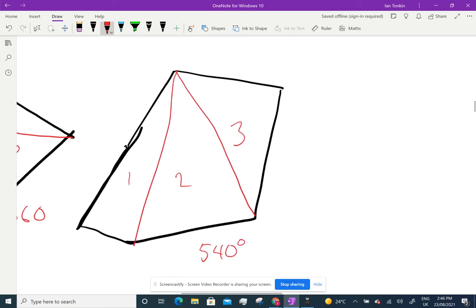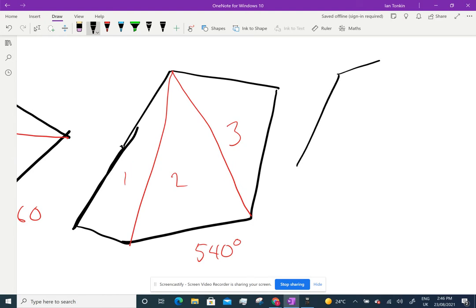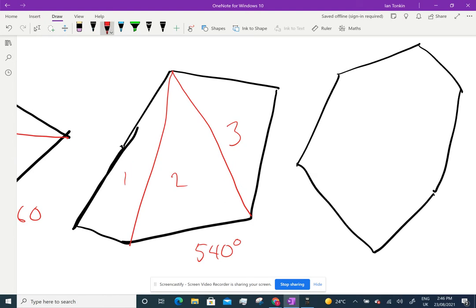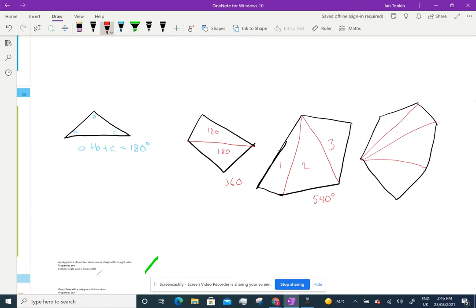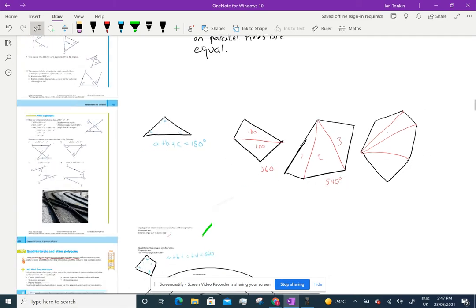And I can keep going. I can draw a hexagon. And if I bust that up, 1 triangle, 2 triangles, 3 triangles, 4 triangles. And then all of a sudden you're going, it's just 2 less than the number of sides, and that'll tell me how many triangles.